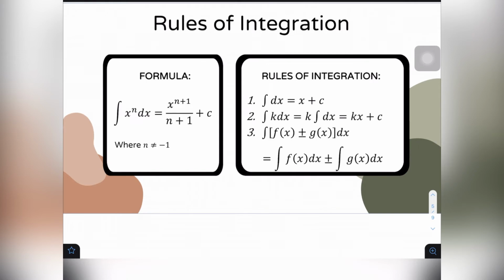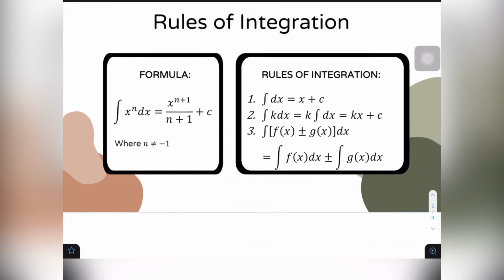When we talk about integrating some function with respect to some variable, it means that we want to change only that variable. If it is stated with respect to x, it means we will change only whatever is related to x. If you have another variable, let's say y, we will not disturb y. Okay, we only disturb x because this integration is with respect to x.